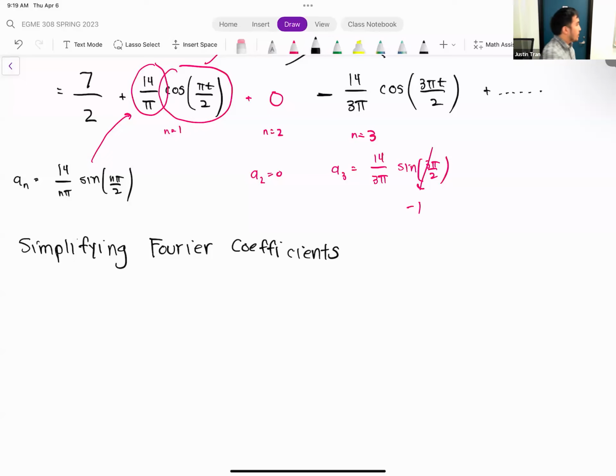Because a lot of times, unless it's a weird function, you can tell right away which coefficients are going to be 0. It's either going to be a_n or b_n. And the trick that we're going to rely on here is, again, whether our function is even or odd.